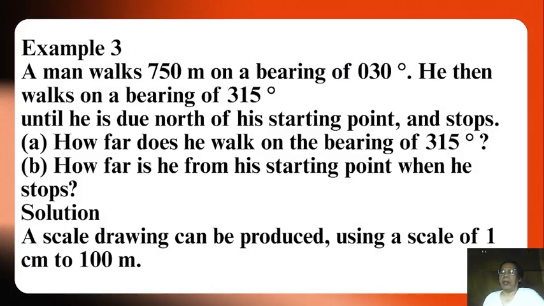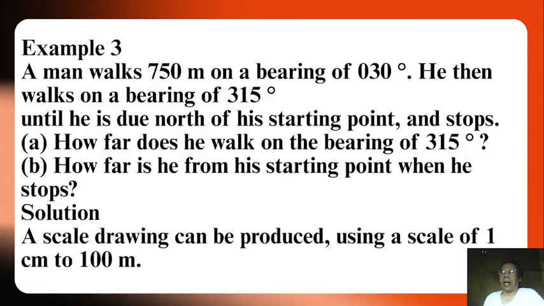So I would like to read again. A man walks 750 meters on a bearing of 030 degrees. He then walks on the bearing of 315 degrees until he is due north of his starting point and then stops.